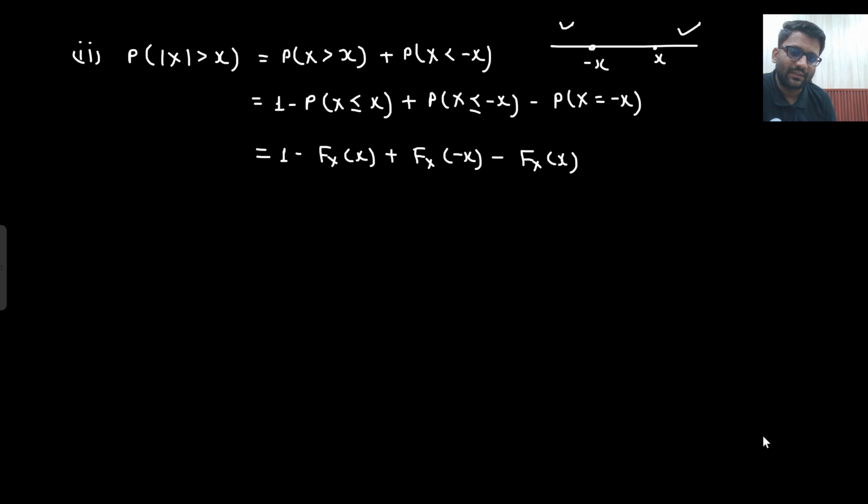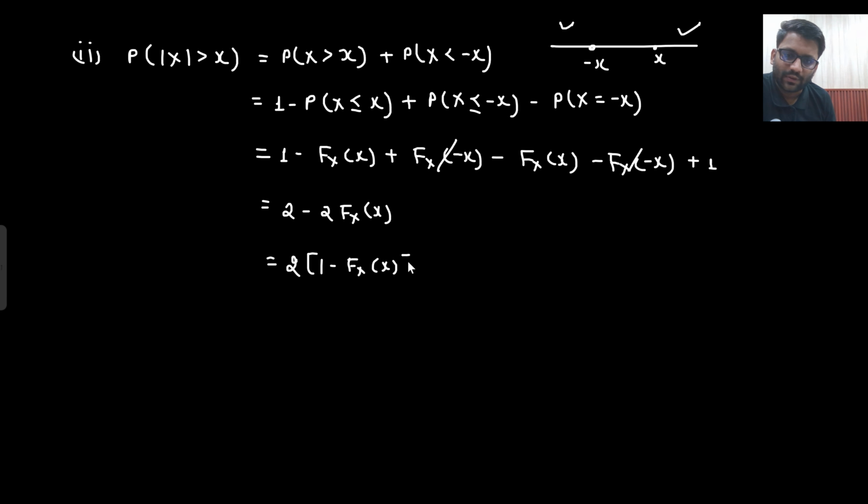Fx of x then minus fx of minus x, and this would become plus. Are you able to understand this point? So this and this are getting cancelled. The answer you are getting is 2 minus 2 fx of x, 2 into 1 minus fx of x. This is the answer you are getting. There you go.